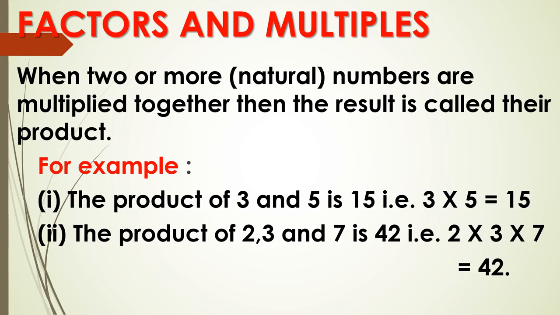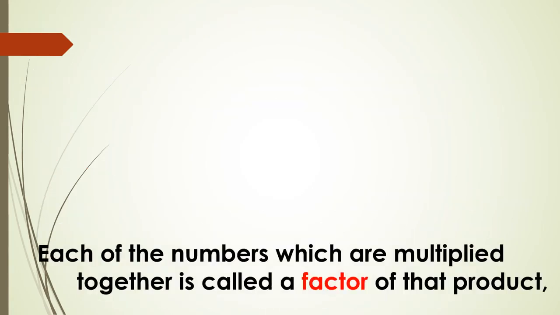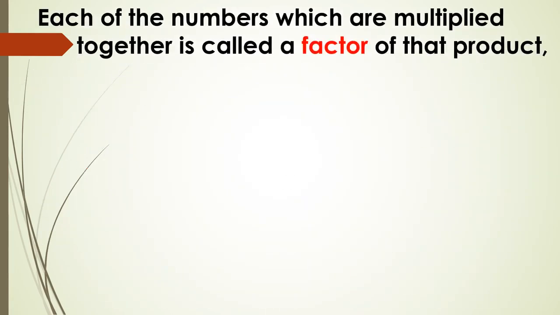Now see, each of the numbers which are multiplied together, whether they are two numbers or three numbers. If we are multiplying two numbers, as in the first example, 3 multiplied by 5 equal to 15, each of the numbers which are multiplied, that is here 3 and 5, are called the factors of that product.